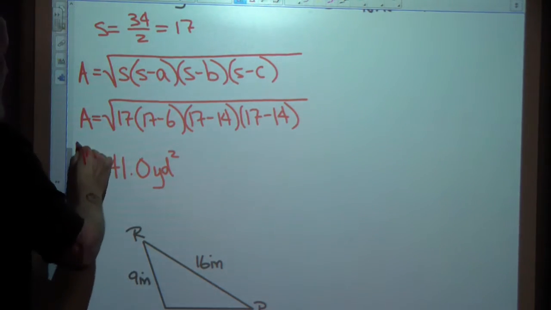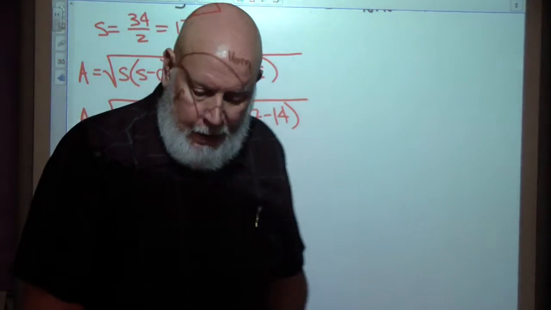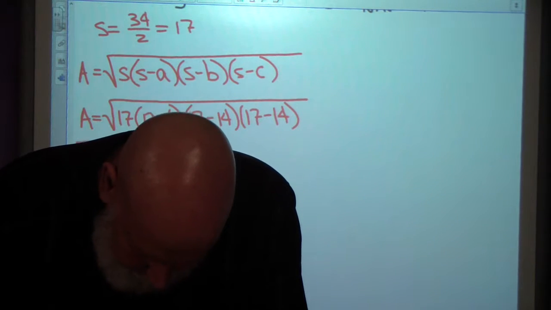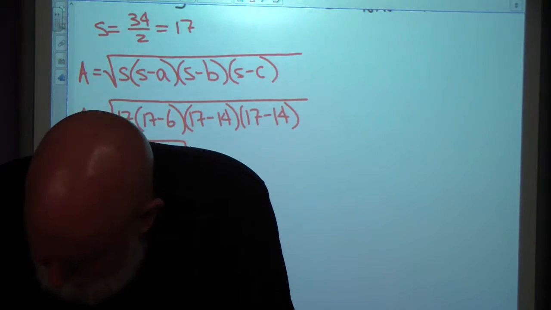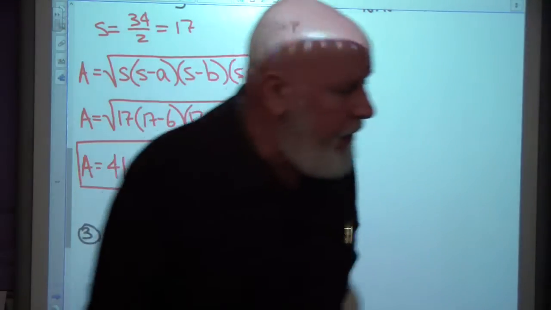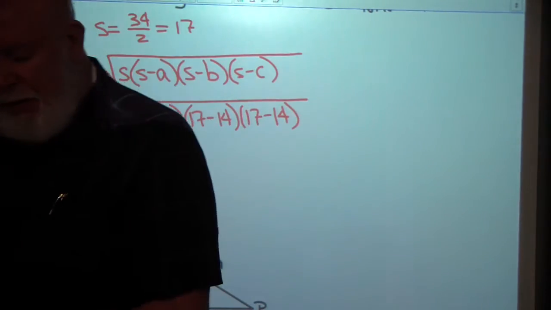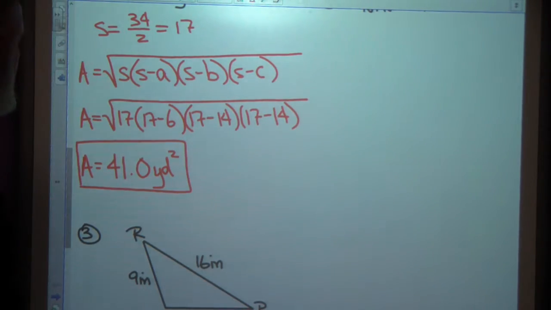And that would be the area of that triangle if I haven't botched my arithmetic. And let me see if I can find my other key. Hey, this is it right here. What do you know? 41.0 square yards. Yay! All right, let's take a look at another one.